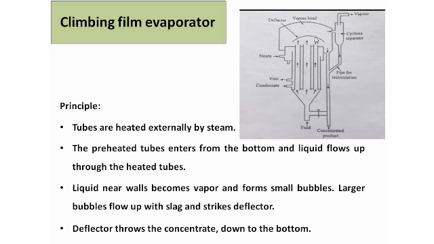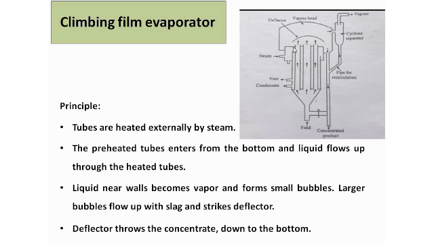Here there is a deflector. Once it has reached here, it will strike the deflector, and again it will come down via this tube. If it is not heated properly, again it will enter here and go into the circulation, right? Generally, the concentrated product comes from this side, after evaporation.